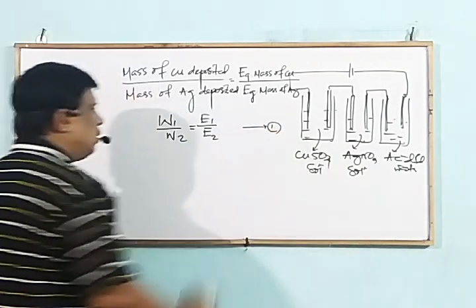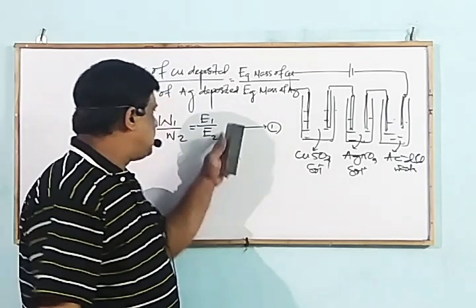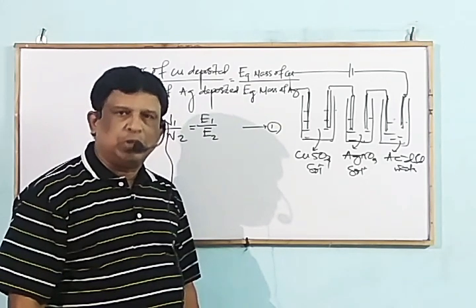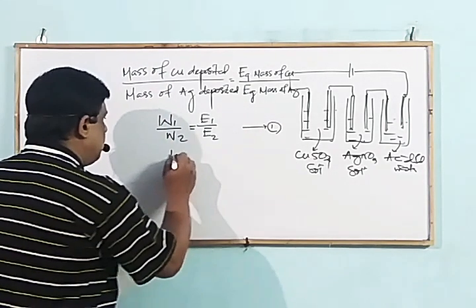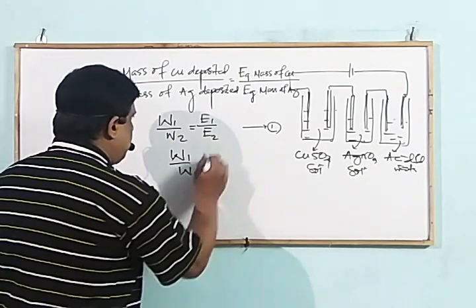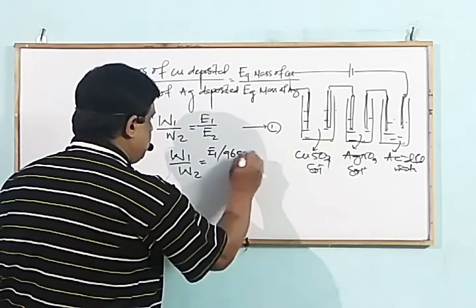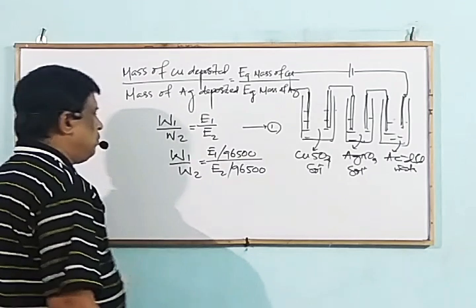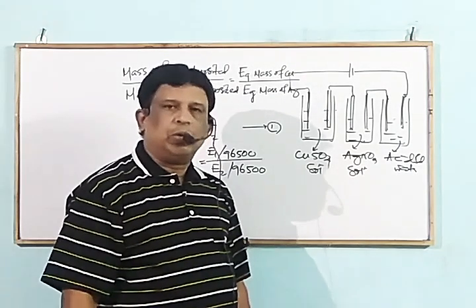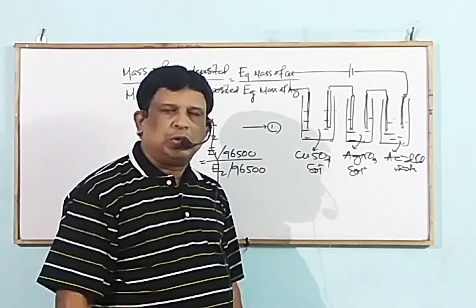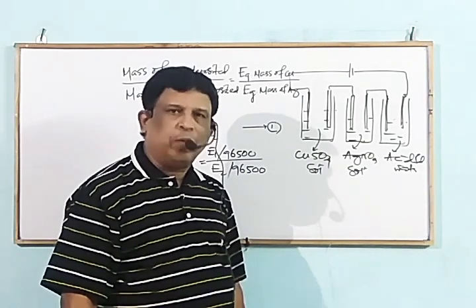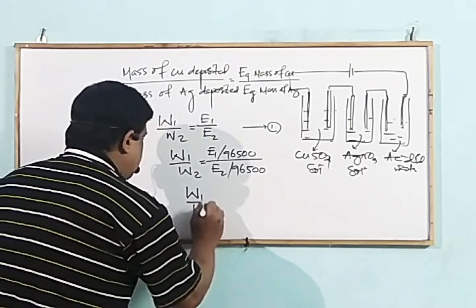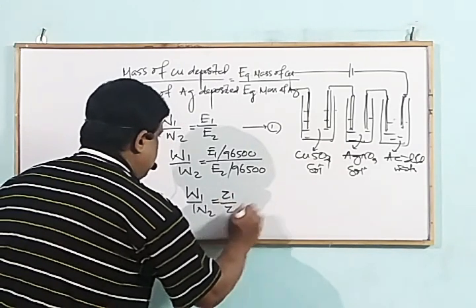Equation 1. Dividing the numerator and denominator on the right side of equation 1 by 96500, we have W1/W2 = (E1/96500) / (E2/96500). In Faraday's first law, you know that equivalent mass divided by 96500 is equal to the electrochemical equivalent, that is Z. That means W1/W2 = Z1/Z2, equation 2.